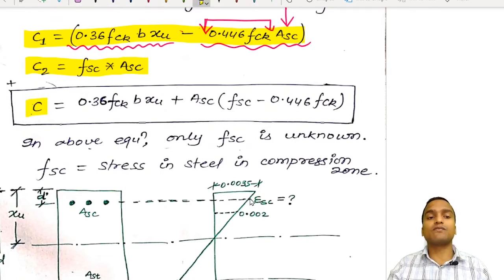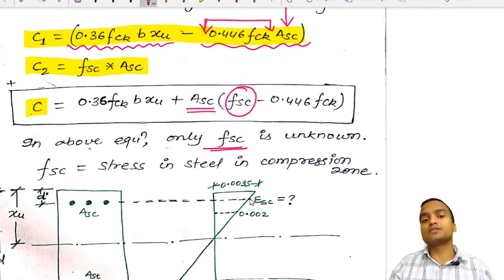This is the compressive force C, and we have taken ASC in common here with FSC minus 0.446 FCK in bracket. If you observe the above equation carefully, you realize that only FSC is unknown.